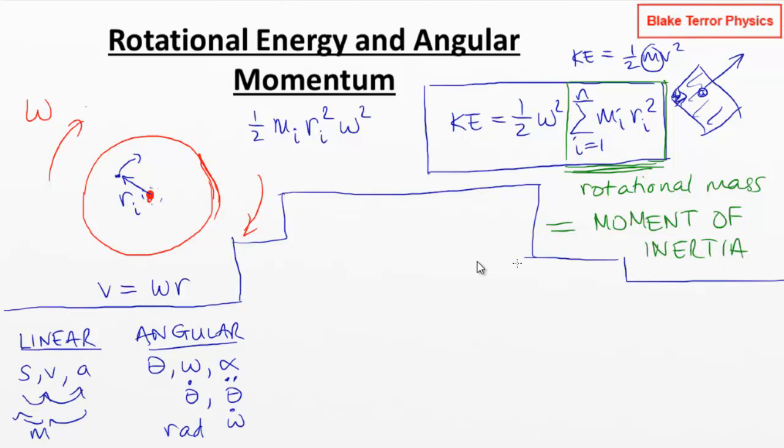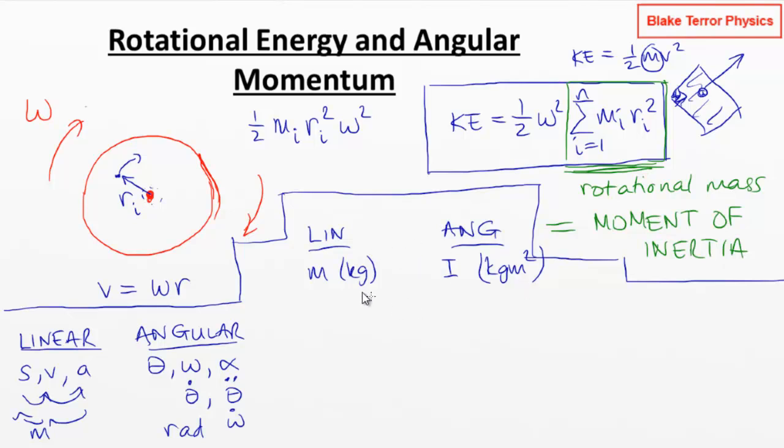And now we're extending this into our energy and through the mass as well. So for linear and for angular, we've got our masses. We've got our mass in kilograms, and now we've got our moment of inertia, and we can see the units here: kilogram meter squared.